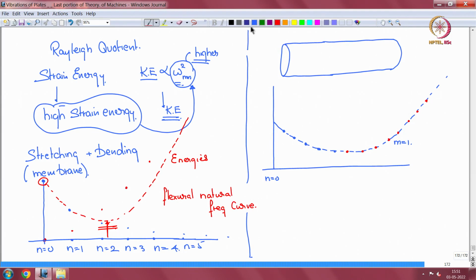Then if you take m equal to 2, it is going to be very close because of the aspect ratio.